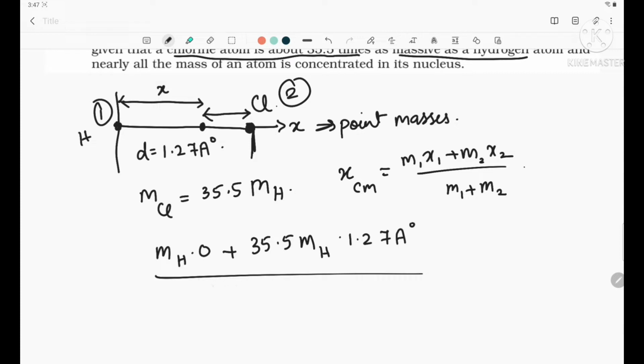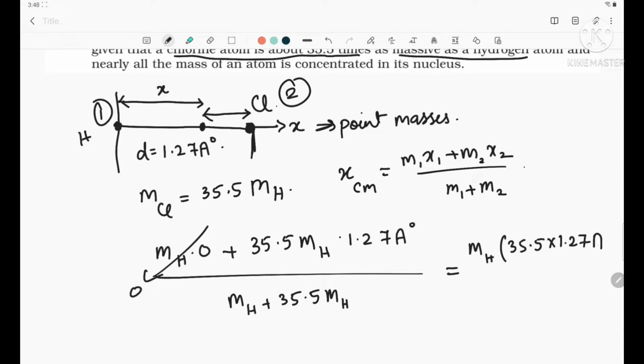So what is m1 here? m1 is mH and m2 is 35.5 mH. So your answer will be, this entire thing will become equal to 0 plus 35.5 mH into 1.27 angstrom, divided by 36.5 mH.